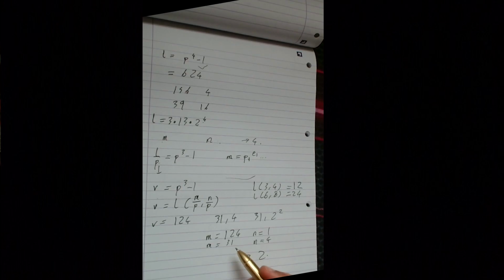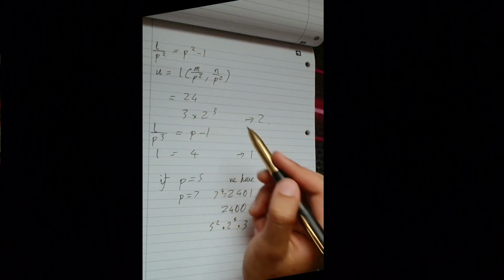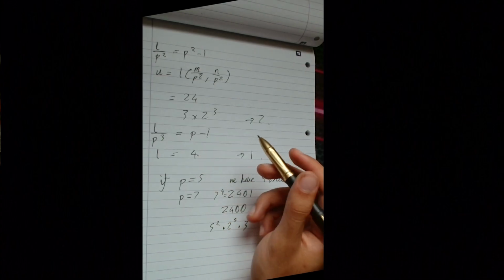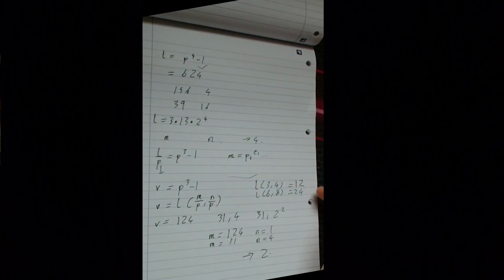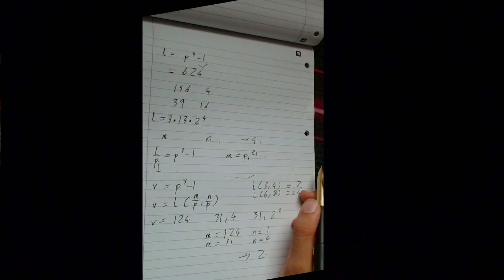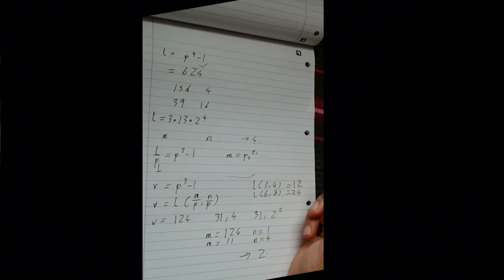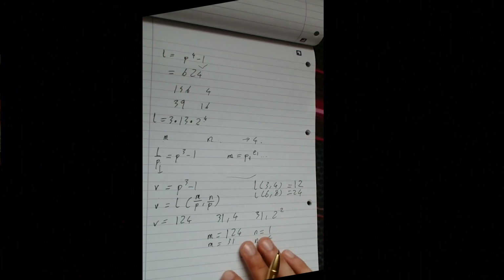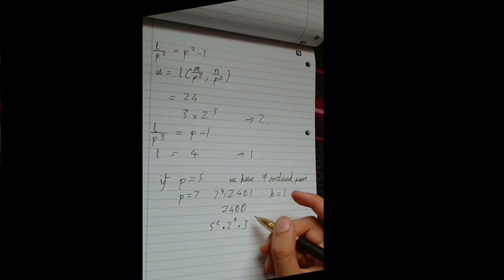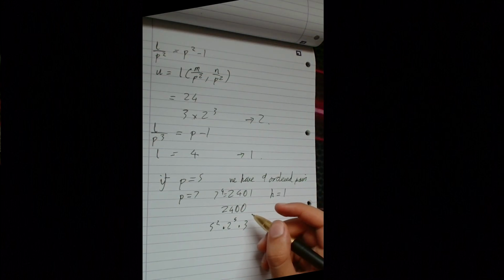The next one, 31 and 4. The next one, 3 and 2 cubed. And the next one is just 2 squared. All of them are going to be divisible by 2. Any prime power minus 1 will be even for p greater than 3, right? So you can kind of skip that step when working with this.